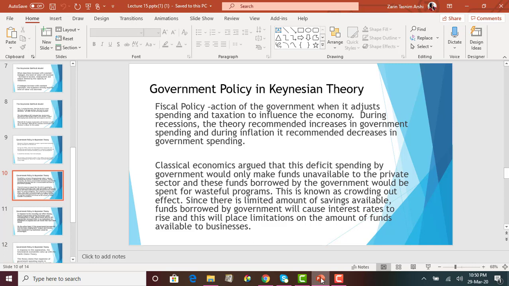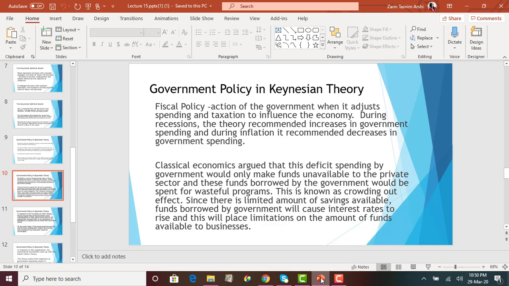So let's say during a recession, if the government is increasing government expenditure, that's fiscal policy. And let's say during inflation, if the government is reducing spending and increasing taxes, that will also be an example of fiscal policy. So anytime the government is changing government spending, or anytime the government is changing taxes, that's associated with fiscal policy.